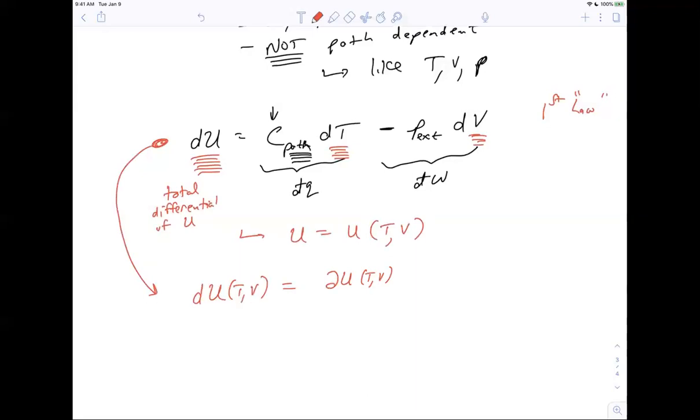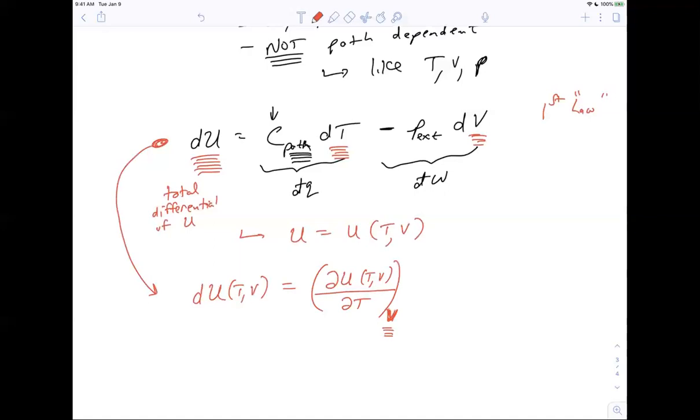So this first term is going to be the partial of u with respect to T. That's what that term is. But we're going to qualify this by saying that we're going to hold volume constant when we take this derivative. This is getting us used to the idea of partial differentials.